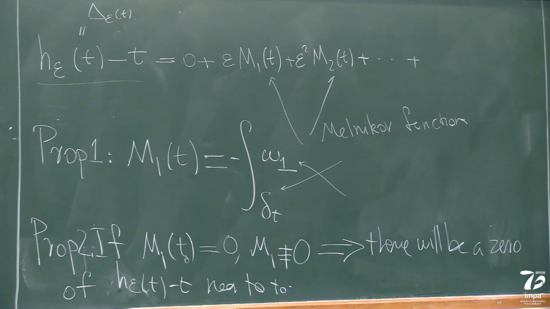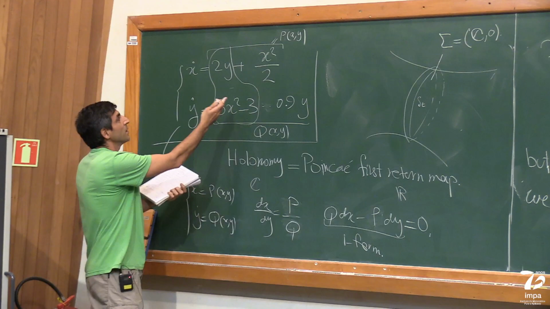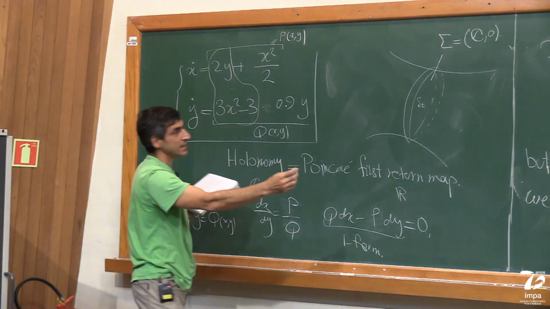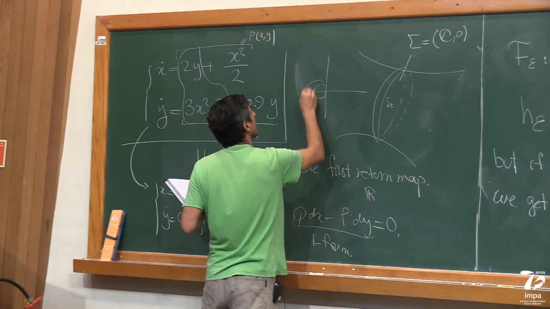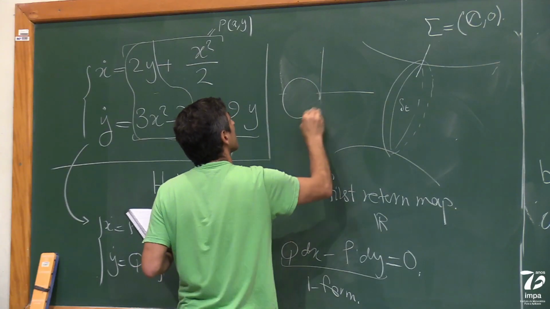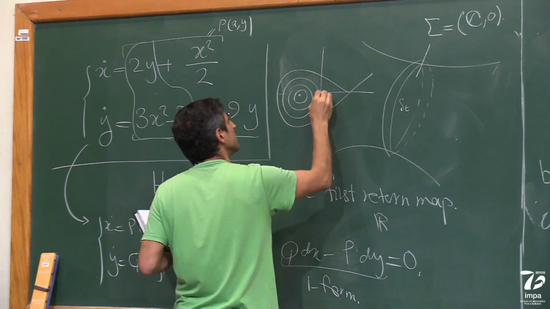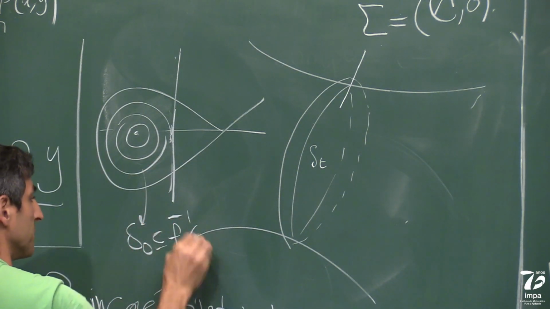Okay, so let's return to my differential equation. The idea is that I want to use these two propositions and make a perturbation of this guy, such that, remember, the picture was like this. And this one tangent to the y-axis is delta 0 because it is in f minus 1, 0.